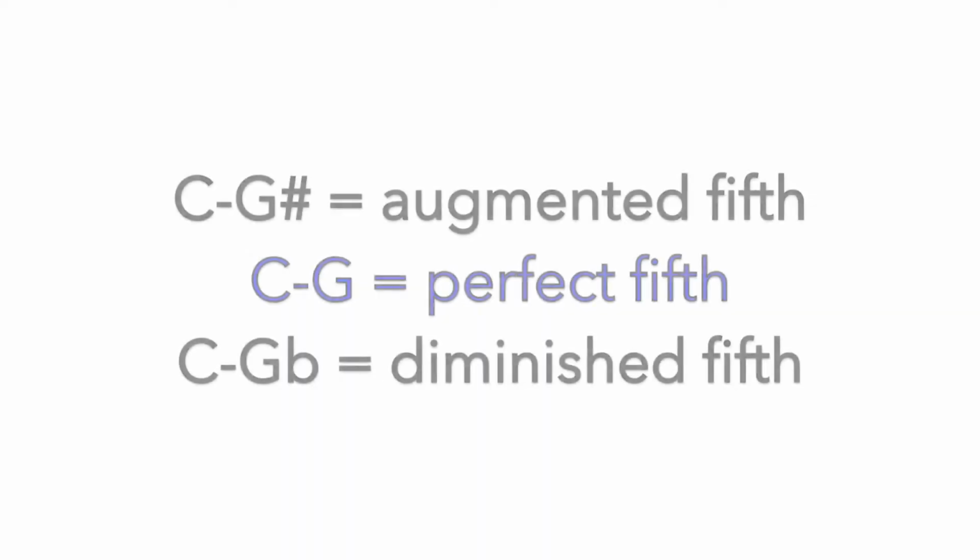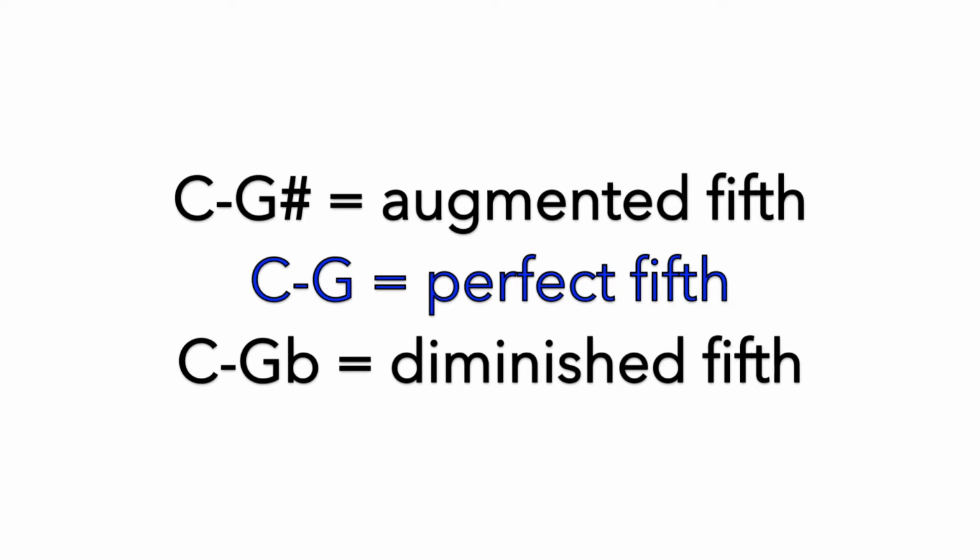For example, C to G is a perfect fifth. If we had C to G sharp, so we've augmented that interval, we would have an augmented fifth. And if we had C to G flat, we've made that interval smaller, it would be a diminished fifth.